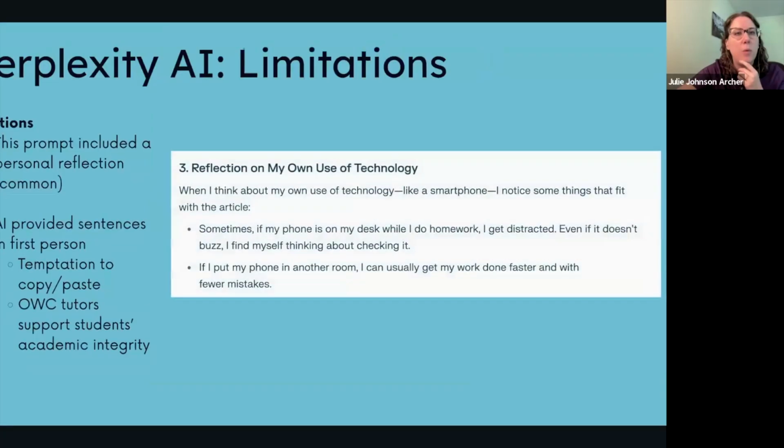Then, as always, with any AI tool, one risk is that Jordan might be tempted to copy and paste from the notes, especially at the end, where it wrote a few reflection sentences in first person.